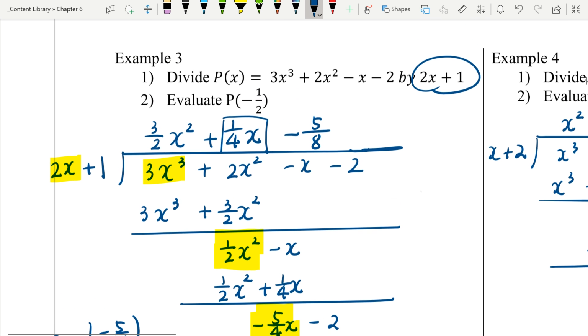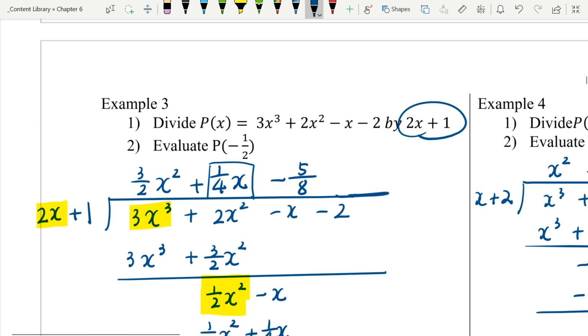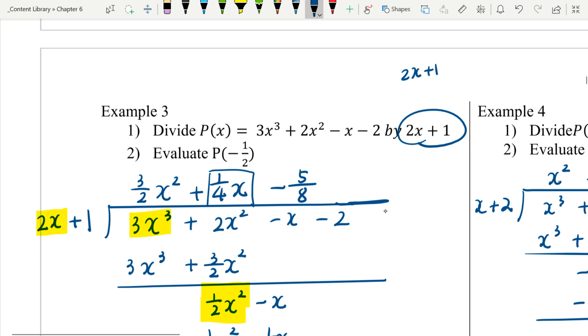Now, we also evaluate p of minus a half. Why do we substitute that? Because we want to make the divisor equal to 0. What we divide by, we make it equal to 0, then x equals to minus a half. So that's why we sub minus a half. Same reason why we sub x equals to minus 2 in the last question.